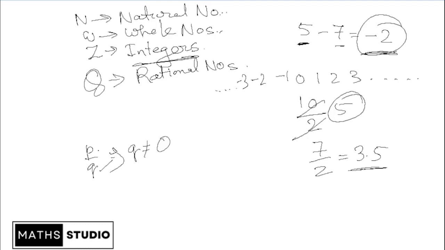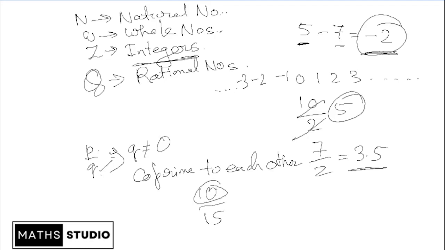Another thing, P and Q should be co-prime to each other. Co-prime to each other means, suppose I have got 10 by 15. So 10 can be written as what? 2 into 5. 15 can be written as 3 into 5.